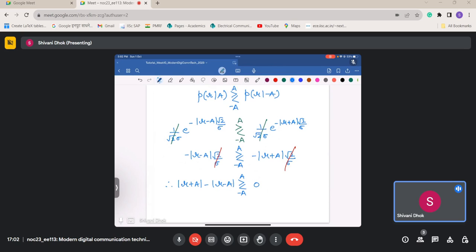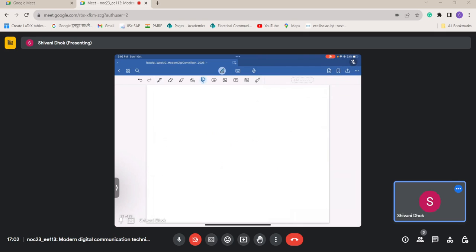And now let us try to evaluate this decision rule. Let me just reduce its size. So this is what we are having here. Now look at these things. Just look at magnitude r plus a.